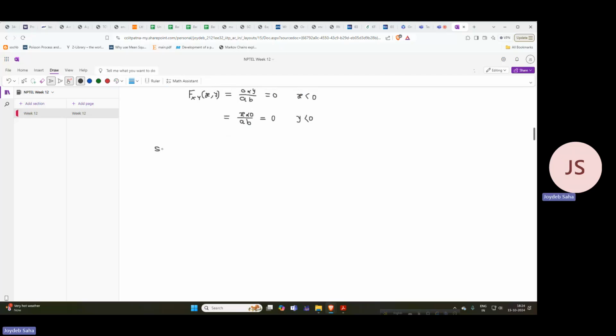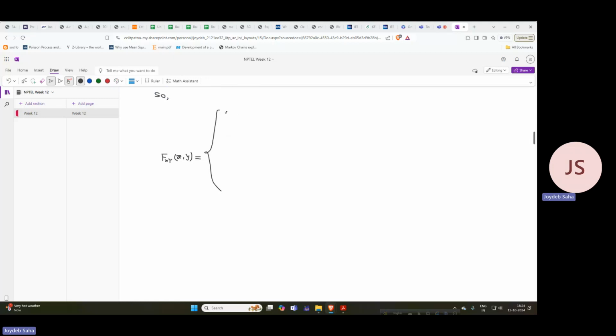So what we are getting, capital F of xy is equal to, let us figure out the different cases.